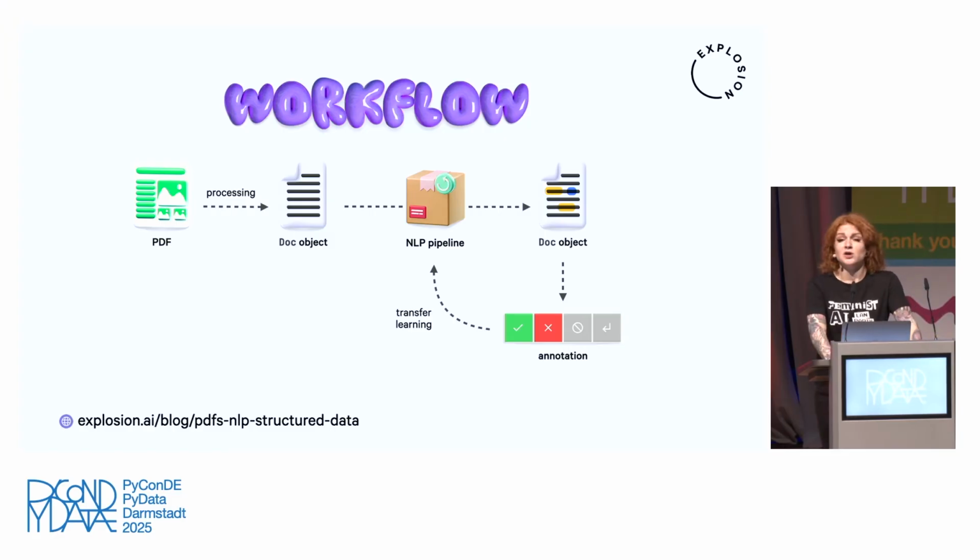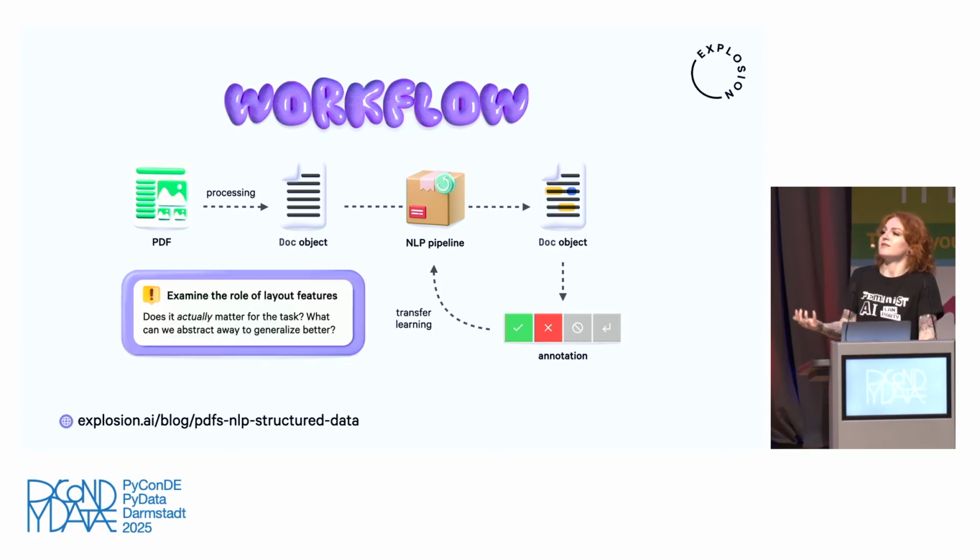And of course, since we're working with PDFs, there is the whole question of layout and whether it's relevant. Instinctively, because design and layout is something that as humans we use to communicate information, we do think, hey, this is super relevant and the layout always matters.